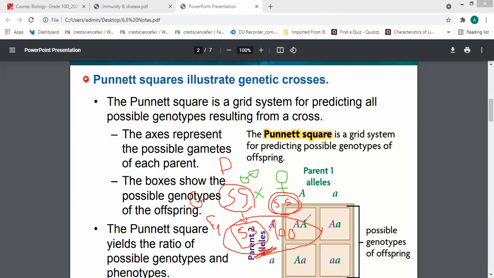It's clear? Clear. In this section, I want you to know about the different possibilities of the production of offspring. Different cases. Okay?